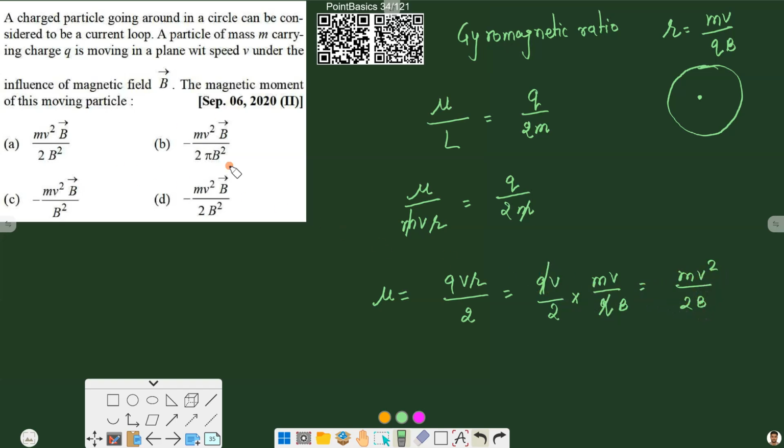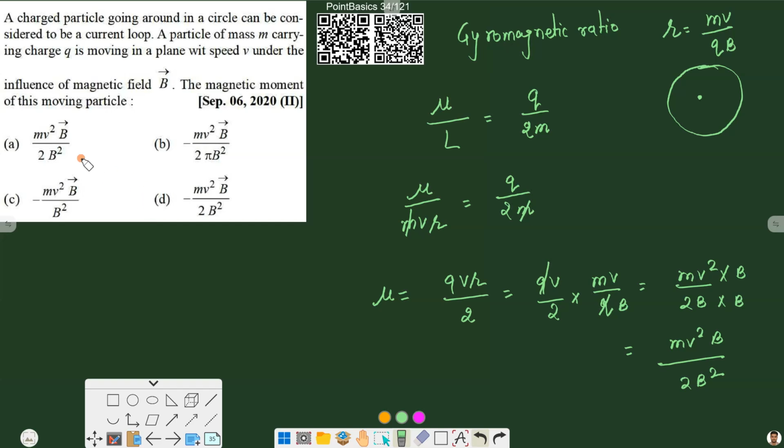Still none of the options matches, but we can see here that we have B by B square everywhere. So what we do, we multiply it by B and multiply it by B. So we will have mv square B divided by twice of B square, and with this we have option A and option D as our possible answers.